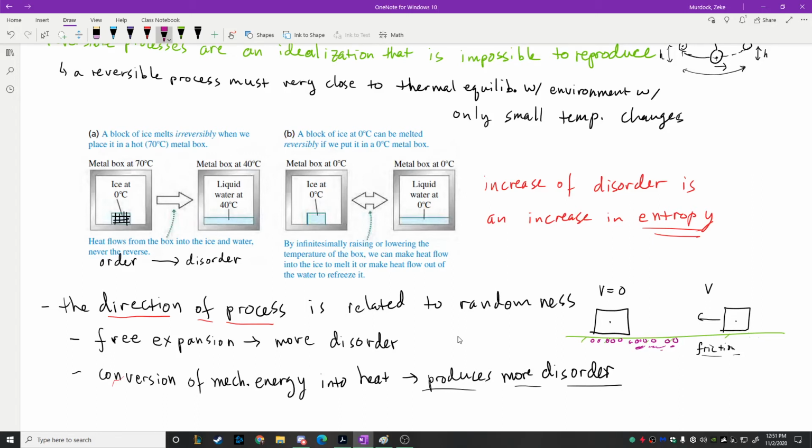The box had kinetic energy, now they have kinetic energy. And taking the kinetic energy of a single box and converting it into the kinetic energy of trillions and trillions of molecules that are all randomly moving in different directions, well, that's a lot of disorder compared to just a box moving, right? You have a single object with one velocity, and all of a sudden you've got trillions and trillions of objects with all kinds of different velocities.